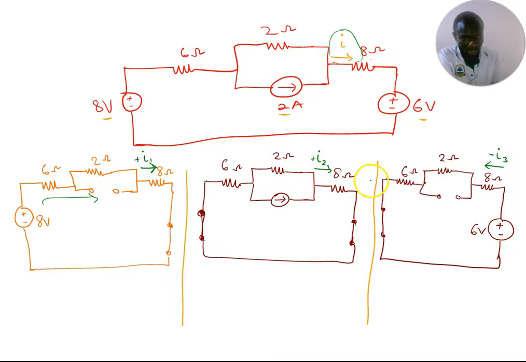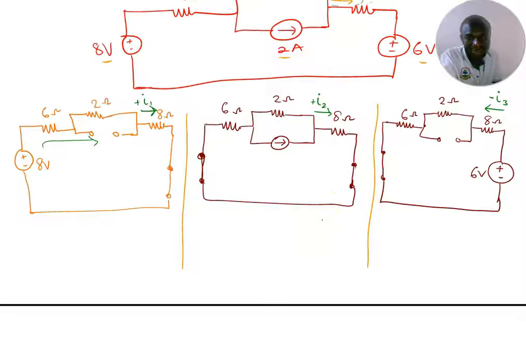We're moving in the opposite direction of I. In that case, the value that we get will be what? Negative I. Yes. Any value that we get, we negate it. So these are the 3 circuits that we are going to analyze.